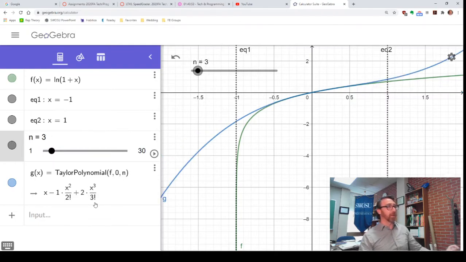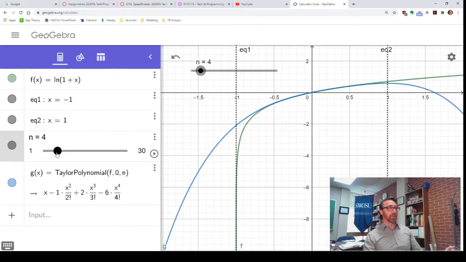Now, it certainly doesn't look like x cubed over 3, but if we think about it a sec, 3 factorial is 3 times 2 times 1, and then I've got a 2 out in front here. That 2 would cancel out with the 2 and the 1 down here in the denominator, so I get x cubed over 3, and x to the 4th over 4.